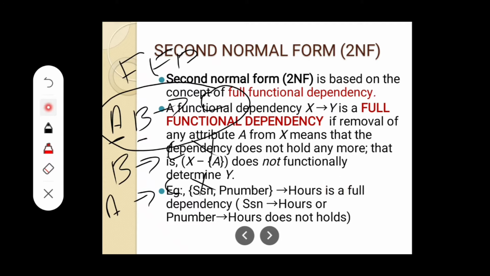That is false. If you remove SSN, the remaining is P number determines hours. That is also false. If they are false, then you can say that SSN, P number determines hours is a full functional dependency. Clear? So our second normal form must have full functional dependency.